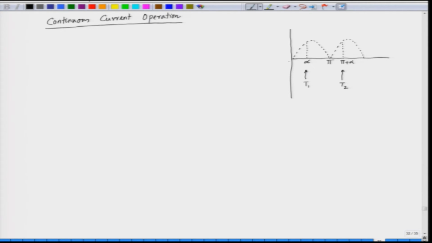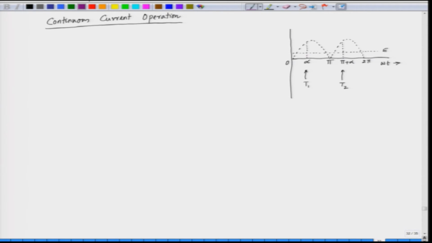This is the origin 0 and we have omega t on the x axis, this is 2 pi. There could be some back EMF, but usually for continuous conduction the speed is low and the back EMF is on the lower side. So, this is E.